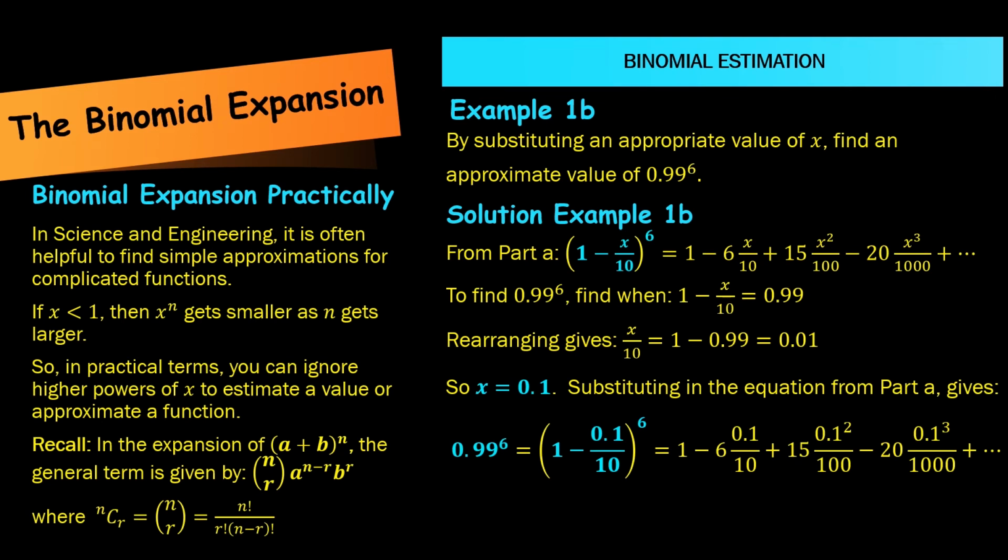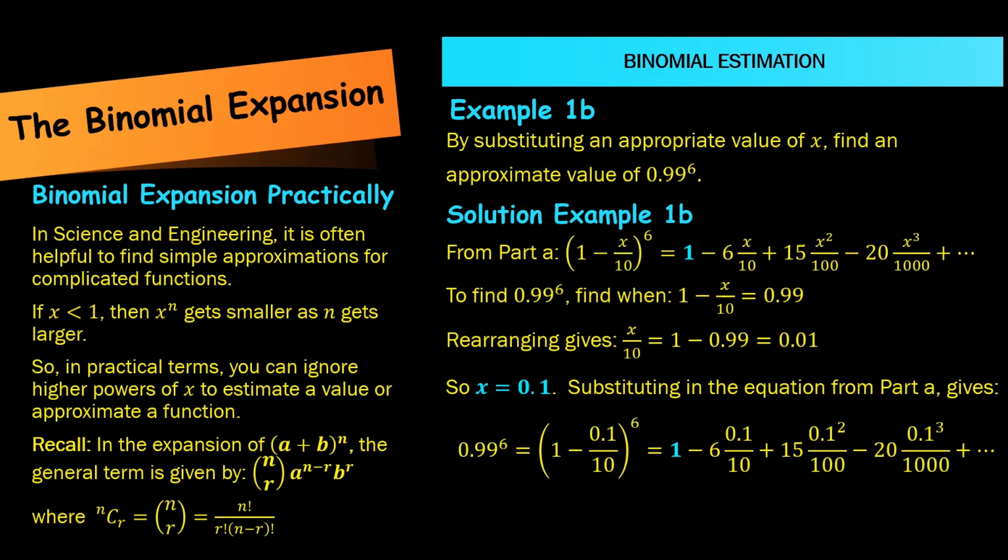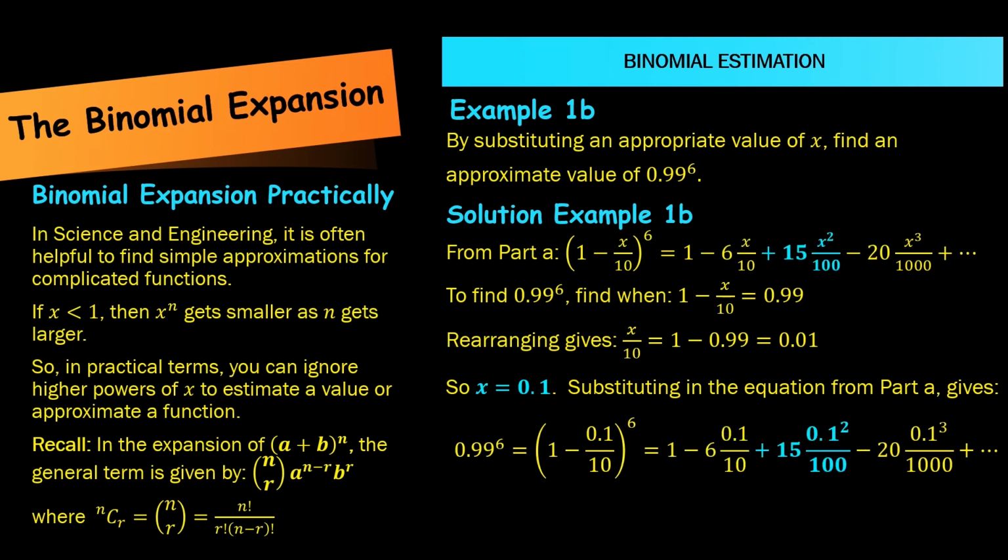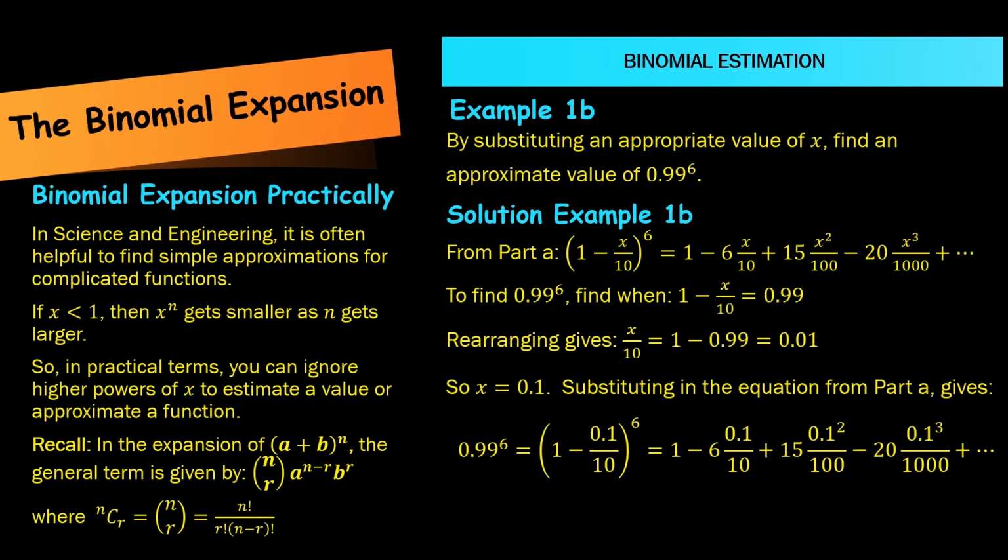Now we can substitute in the equation from part A to give us that 0.99 to the power 6 is equal to (1 minus 0.1 over 10) all raised to the power 6. So substituting the value of x equals 0.1 into the binomial expansion gives us the expression shown.